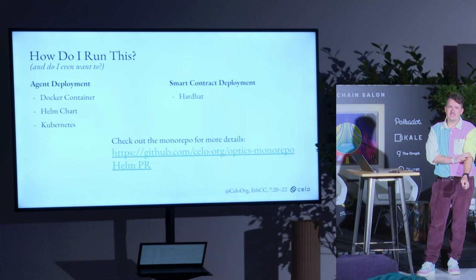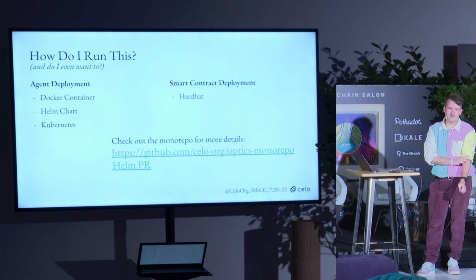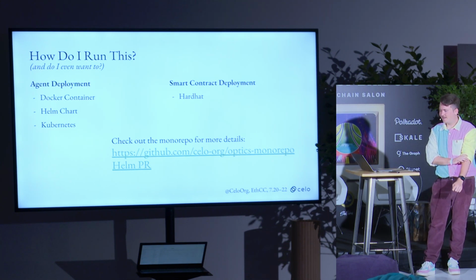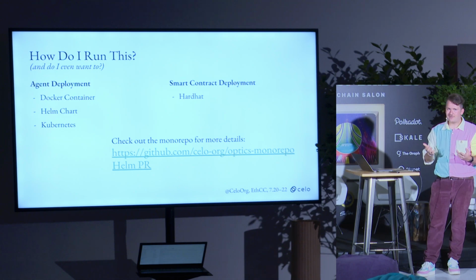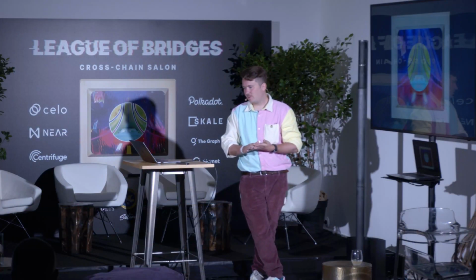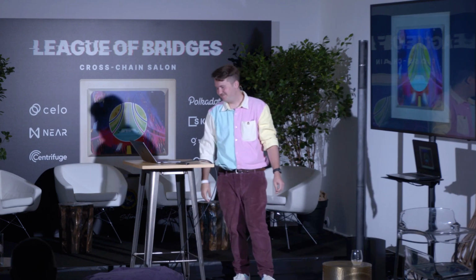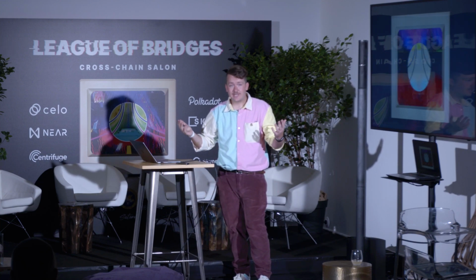A lot of people have been asking me, Connor, how do I run this? Do I want to run a bridge? And the answer is kind of. So the agent deployments are all Docker containers. We run everything in Kubernetes. If you're familiar with Kubernetes, anybody? One, great, perfect. Kubernetes is a piece of infrastructure that's used to run Docker containers at scale.